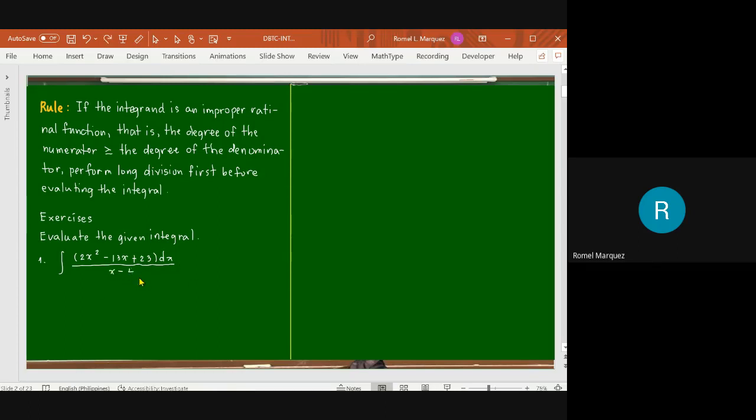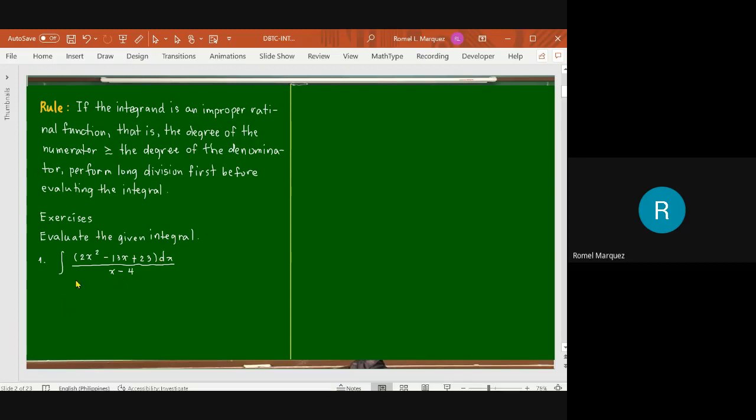If you look at the denominator, it is first degree. The numerator is second degree. The integrand is an improper rational function.